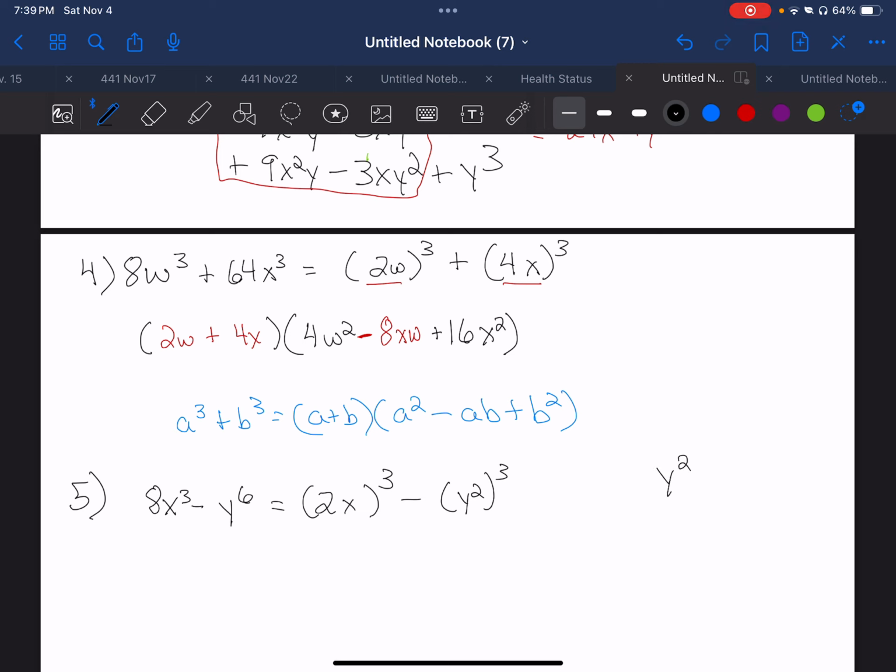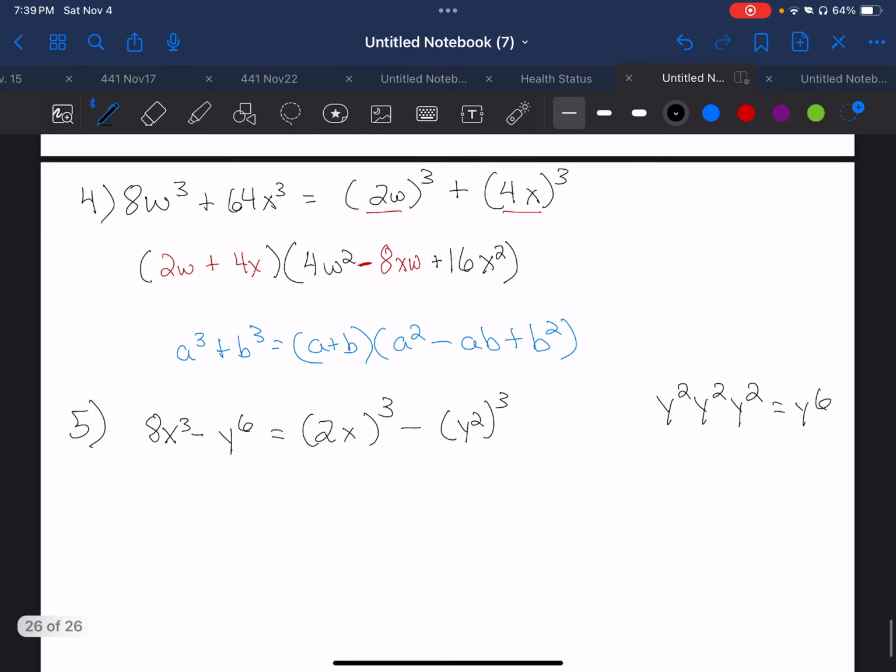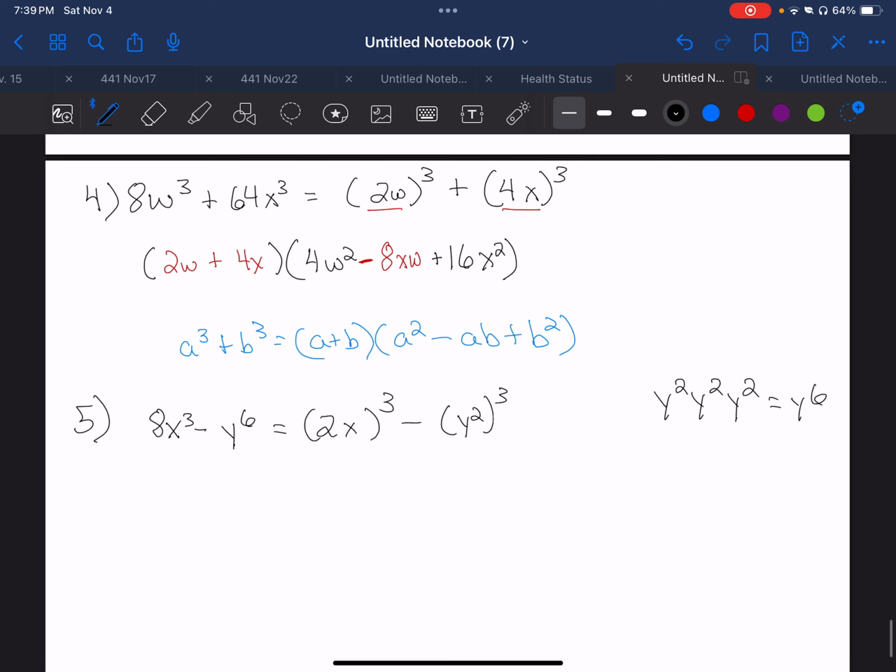Because y squared gives me y to the 6. So how do I parse this out? We take our building blocks, but this one we had a minus that we started with, so we're going to x minus y squared. Then, oops, not equals, times.